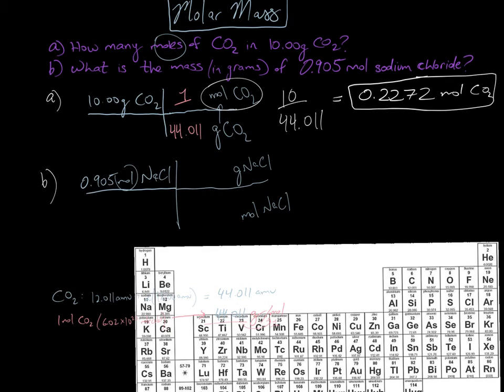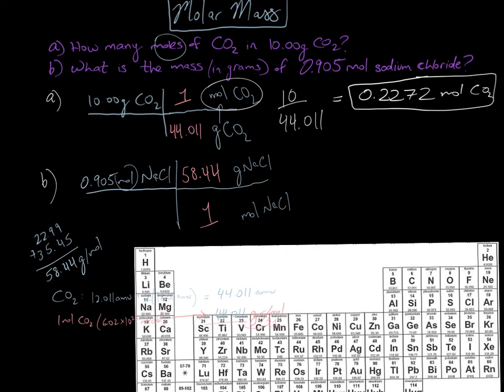Well, I know NaCl is Na plus Cl, right? So I know Na is 22.99, and I know Cl is 35.45. Let me just add those up, and I get 58.44 grams per mole, meaning that 1 mole of sodium chloride will constitute 58.44 grams of sodium chloride.